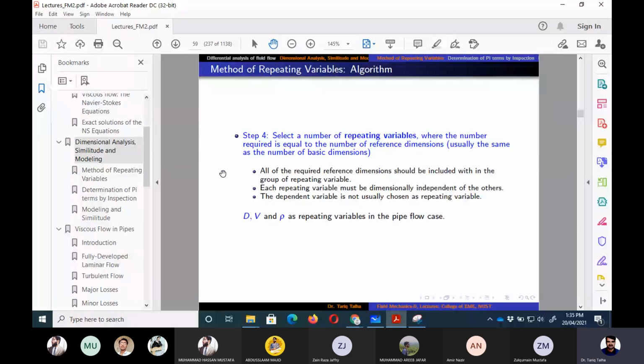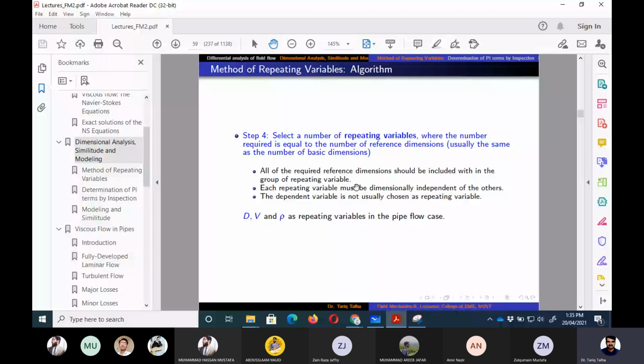We have got 3 points here. First of all, the required reference dimensions should be included within the group of repeating variables. Whatever repeating variables you choose, all 3 dimensions should be covered by them.